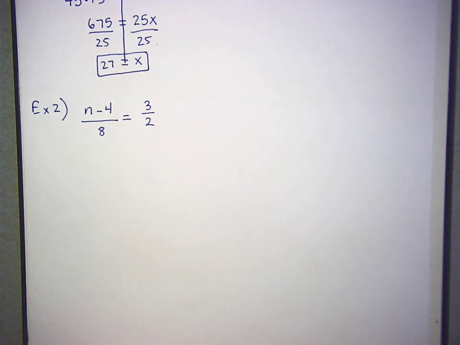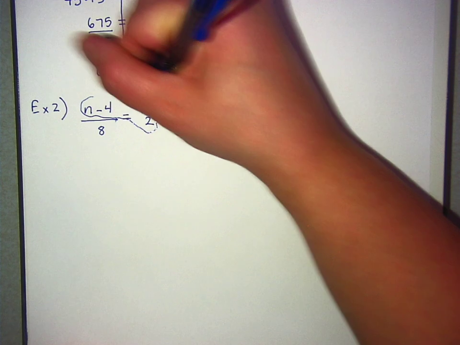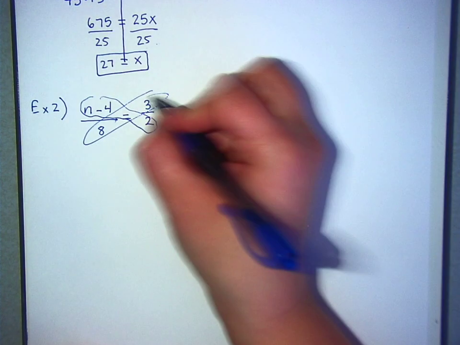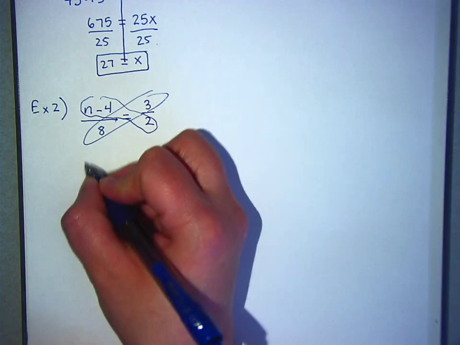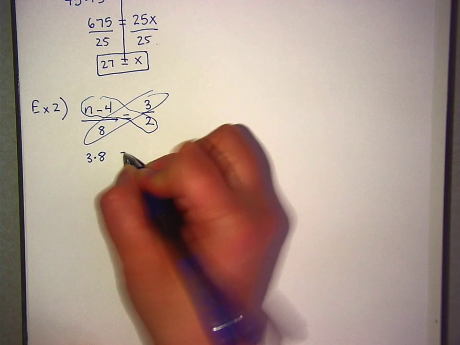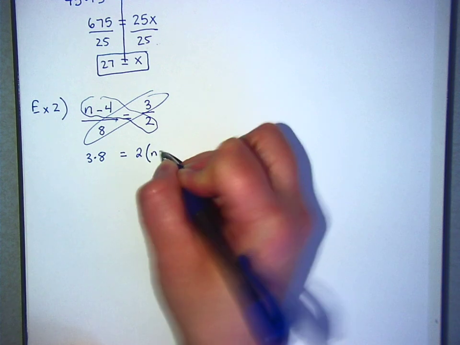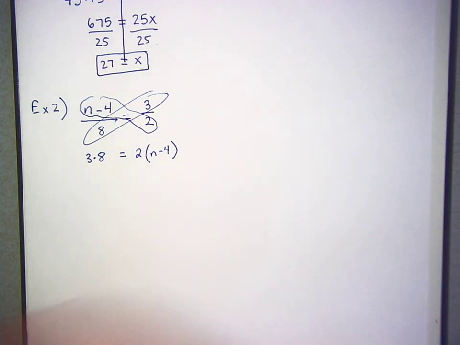Now we're going to cross multiply again because still we're a fraction equals a fraction. So go ahead and circle. You're going to multiply these two and those two. This is going to be 3 times 8 on one side. On the other side is 2 times parentheses n minus 4, because you're multiplying 2 times all of n minus 4.